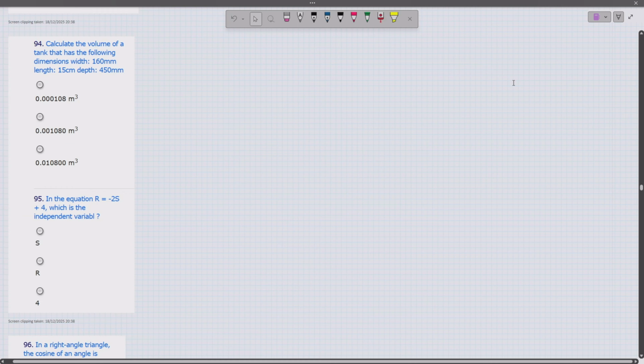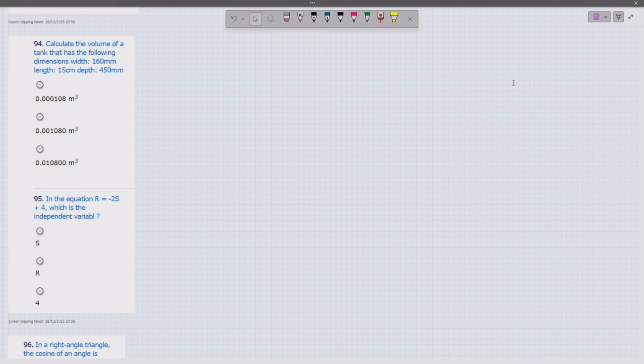Question 94. Calculate the volume of a tank that has the following dimensions: width 160 millimeters, length 15 centimeters, depth 450 millimeters. When you look at these answers, you could see that all of them have been given in meter cube, so you have to convert the various figures into meters.